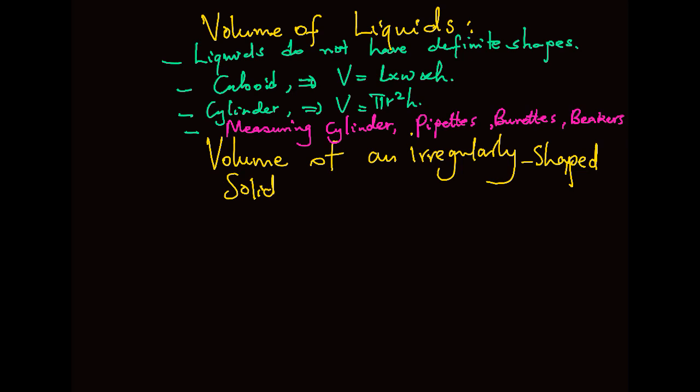Such devices are calibrated with appropriate scales, and when the liquid is poured into them up to given marks, we only read the marks to determine the volume of the liquids inside.